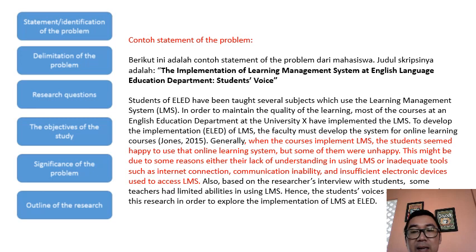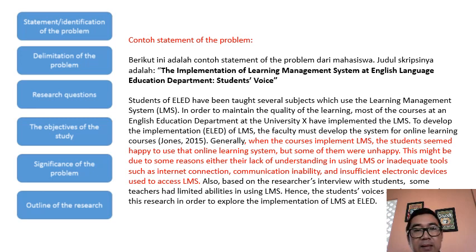Kemudian juga inadequate tools, jadi internet connection-nya lemot, bahkan tidak punya internet connection. Kemudian mereka tidak fasih di dalam berkomunikasi. Kemudian insufficient electronic devices, jadi alat-alat elektroniknya juga kurang ya. Ini bisa diangkat menjadi problem statement atau statement of the problem dalam research Anda.